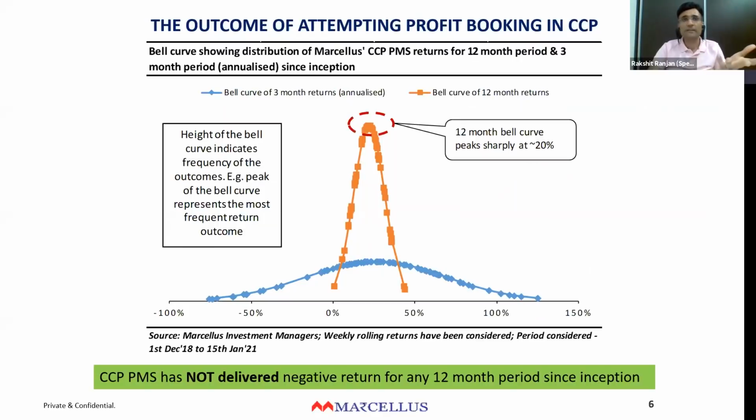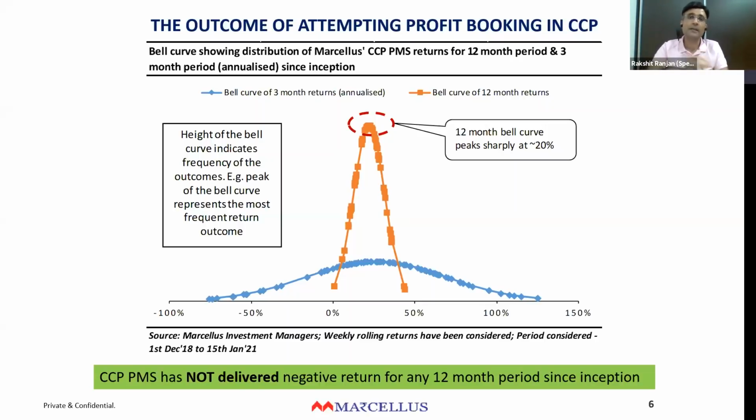And why booking profit doesn't make sense, we explained in our previous webinar. Just to reiterate, this bell curve tells the story very nicely. The orange line is Marcellus CCP over a 12-month rolling period, and the rolls have been done on a weekly basis, as in 1st December 18 to 1st December 19, 8 December 18 to 8 December 19, and so forth.